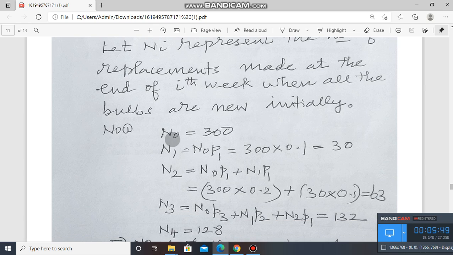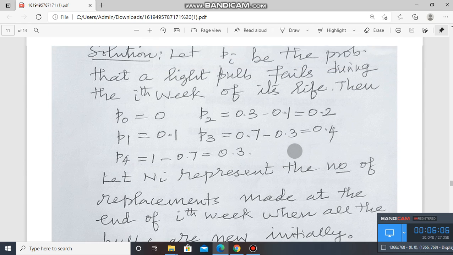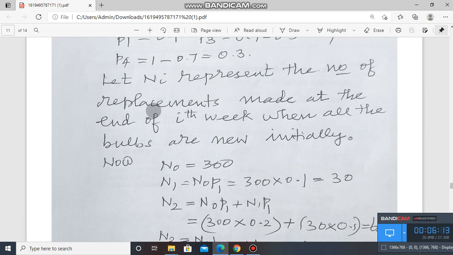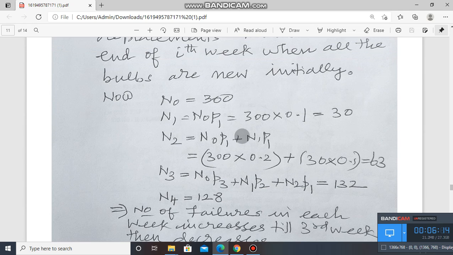N1 is N0 into P1, the total number of items into the probability of failure in the first week, that is 300 into 0.1, where P1 is 0.1. That gives you 30.